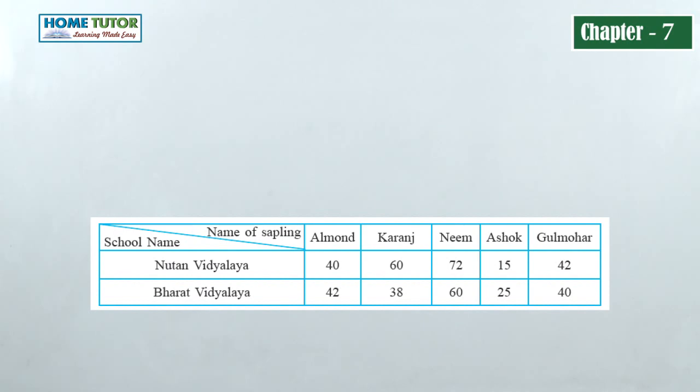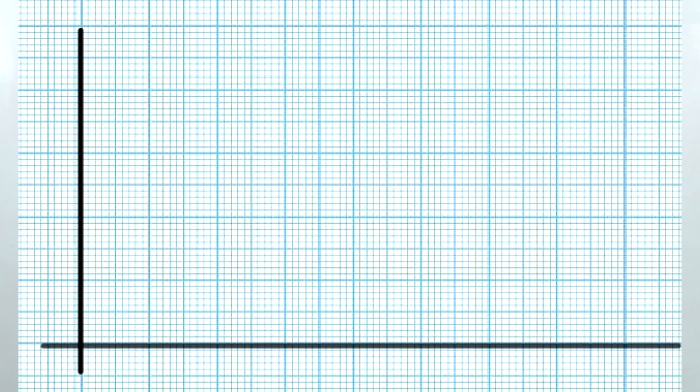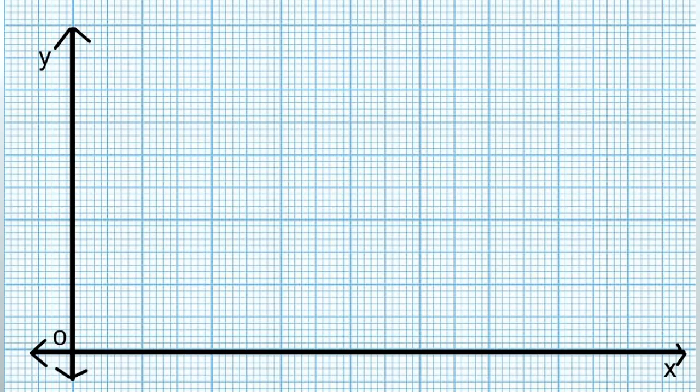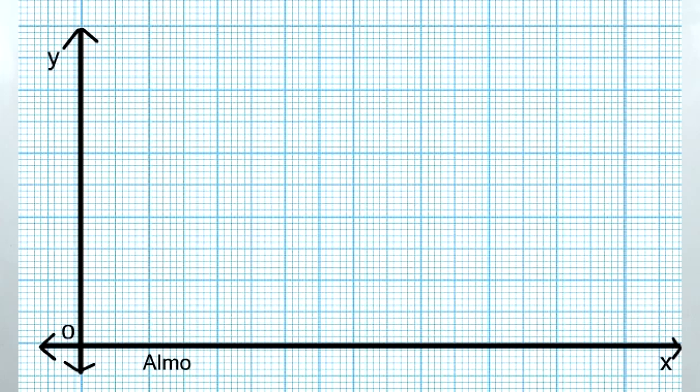So step 1 is, we will draw the axis, x-axis and y-axis. The point of intersection is O. On x-axis, we will represent the names of saplings: almond, karanj, neem, ashok, gulmohar.